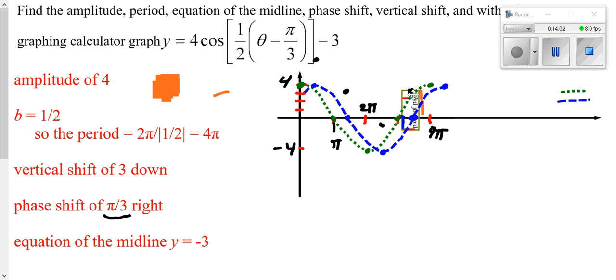And then we'll do our last key point. And then we'll draw in our final graph going through all these black points. And these black points, when I draw that in, will have my correct amplitude, period, phase shift, and vertical shift.